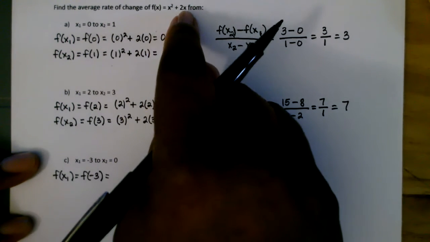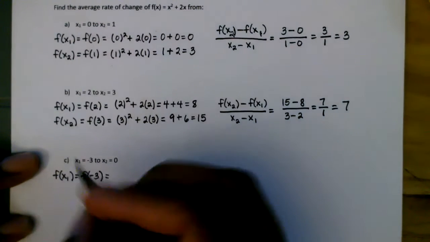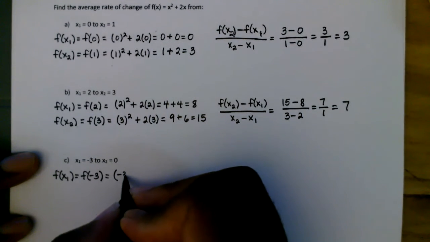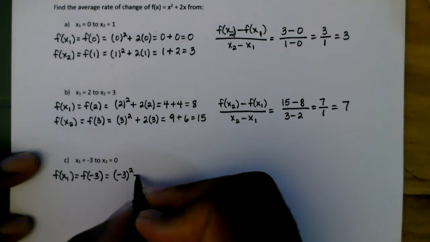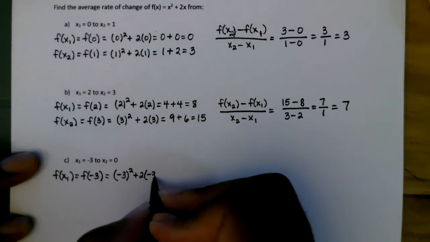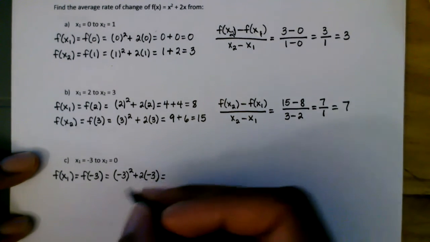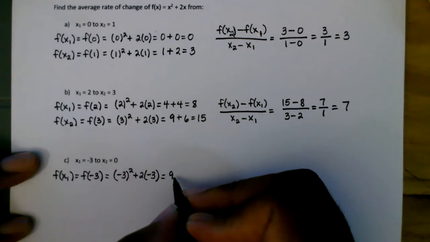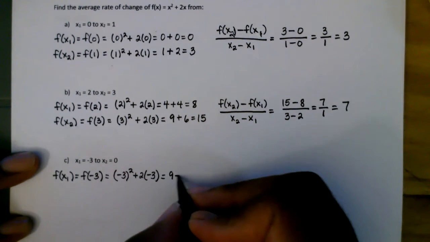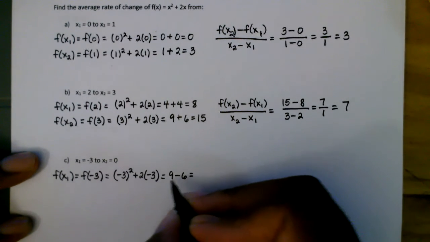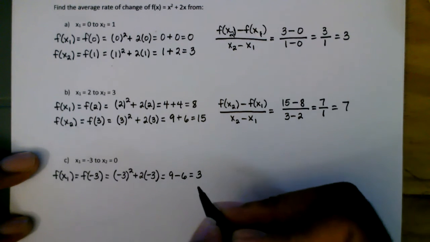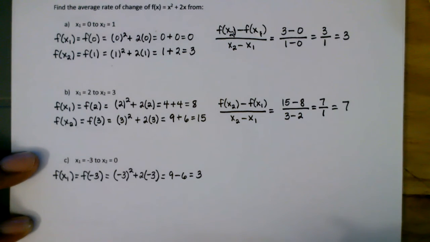We substitute each x with -3, so that means -3 squared plus 2 times -3. -3 squared is -3 times -3, that's 9. 2 times -3 would be -6. 9 minus 6 is 3.